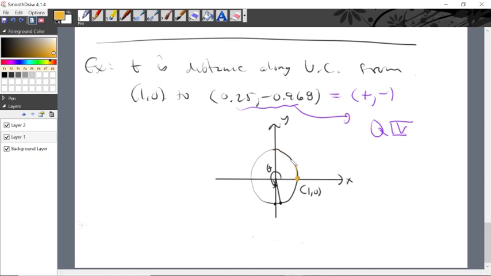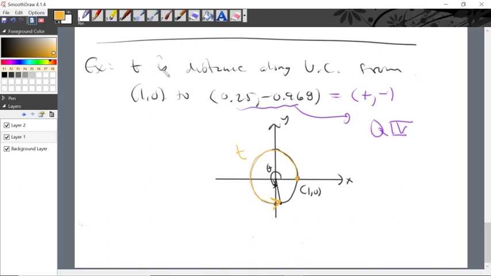Let's try that again. So t is this distance from (1, 0) to that point. It is in the positive direction because right now I've chosen t to be in the positive direction.